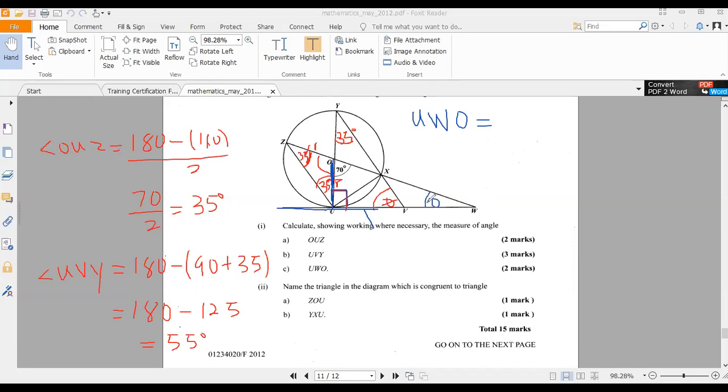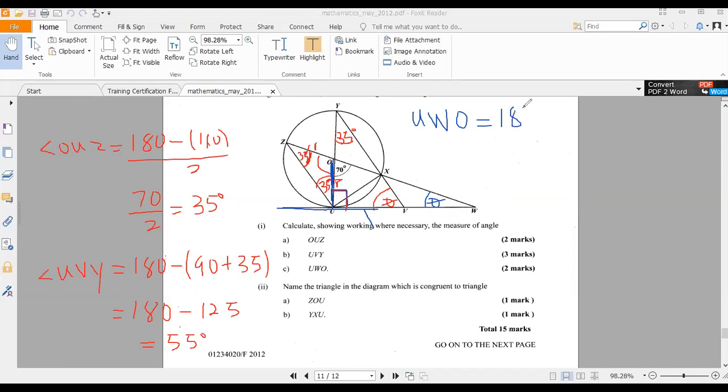You have to be smart, guys. If I want to find UWO, you are going to use triangle OUW. I repeat, you use triangle OUW. So remember that this side is 70, this side is 90. All you need is this angle. So that'll be 180 degrees.